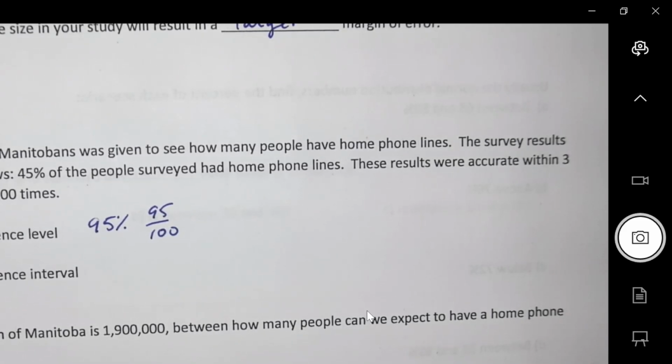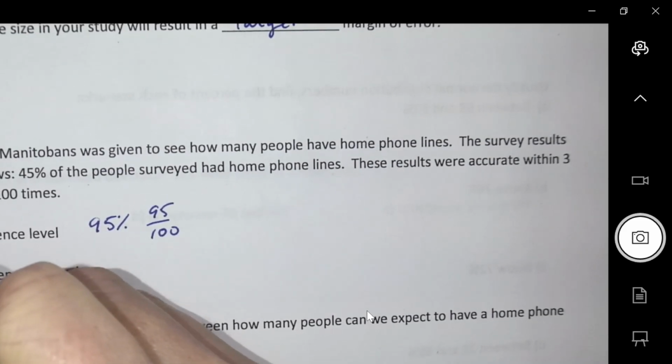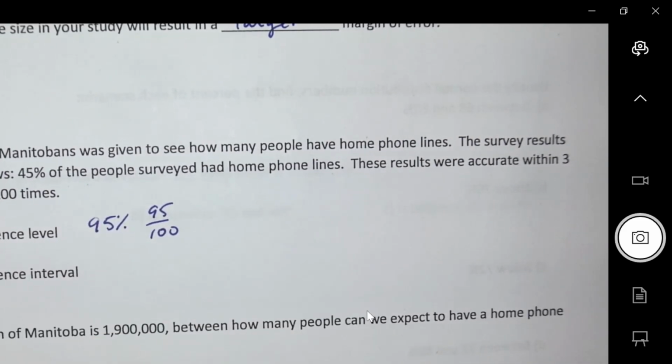What is the confidence interval? First of all, let's understand what the margin of error is. The margin of error is up or down 3%.